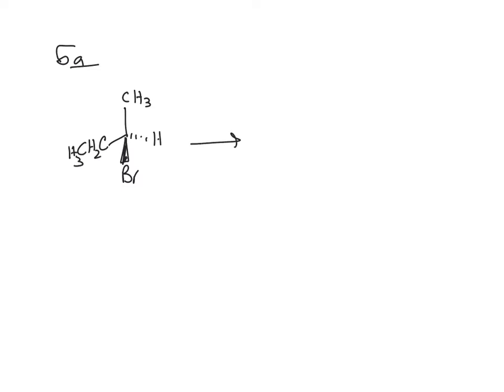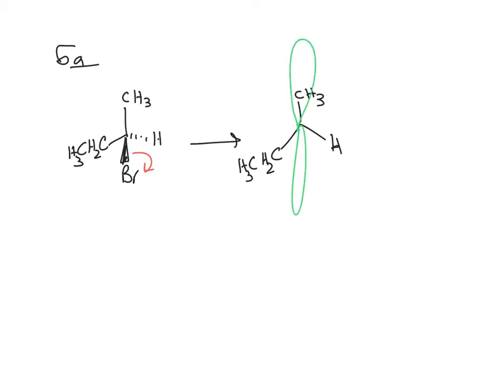Okay, so then basically the bromine leaves, and we lose our stereochemistry now. We have this unhybridized p orbital above and below, and then methanol is going to come in, and it's going to go to the top.